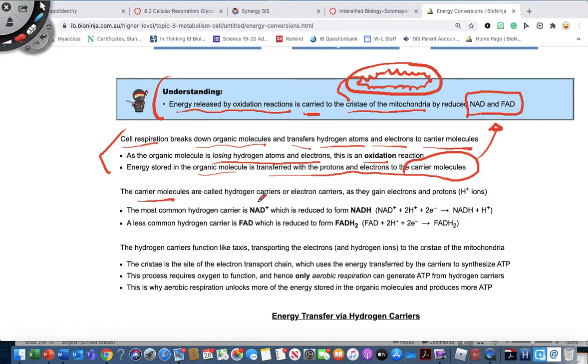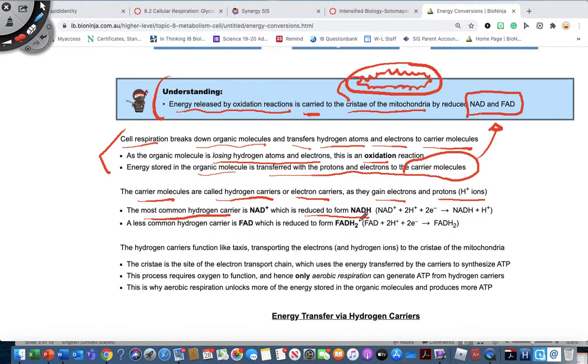So these carrier molecules are called hydrogen carriers, but they can also be called electron carriers as they gain electrons, but they can also gain protons or hydrogen ions. Now, the most common hydrogen carrier is NAD. We saw it here. And we actually write it as NAD+ because this hydrogen carrier was reduced to form NADH.